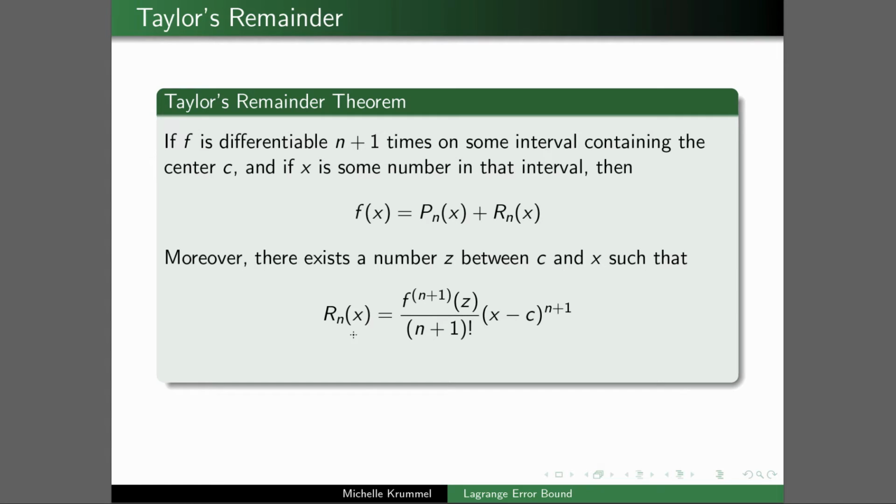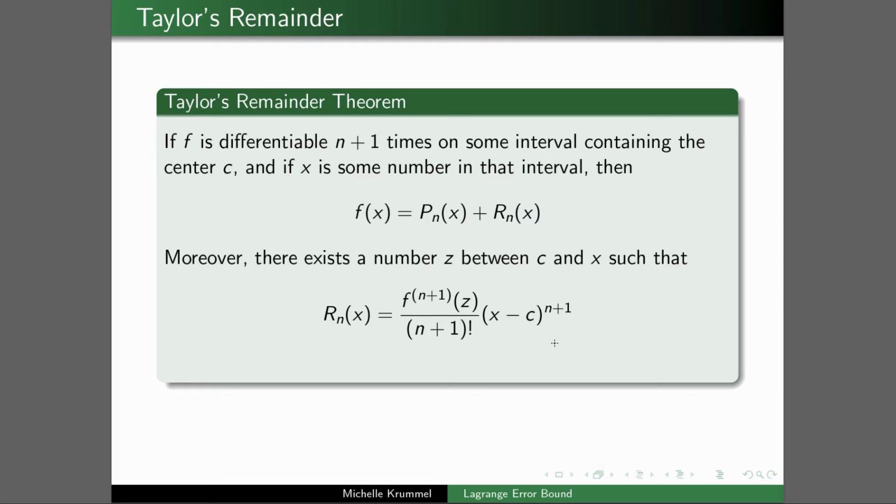The remainder will be equal to the n plus first derivative of f evaluated at z, divided by n plus 1 factorial, times the quantity x minus the center c to the power n plus 1.